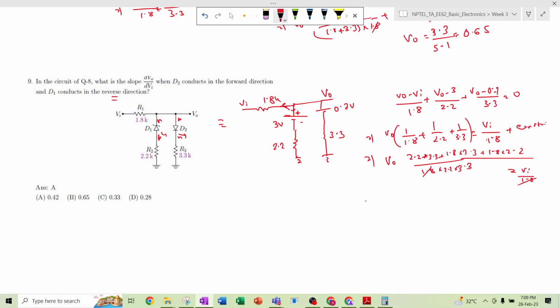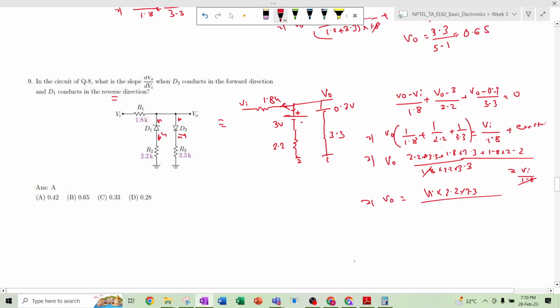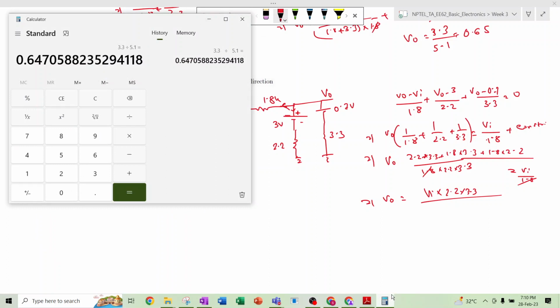1.8 cancels out. VO is VI into 2.2 into 3.3 divided by, so what is 2.2 into 3.3? It is 7.26.